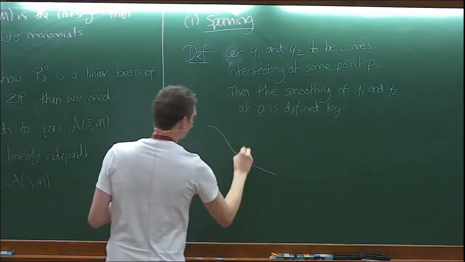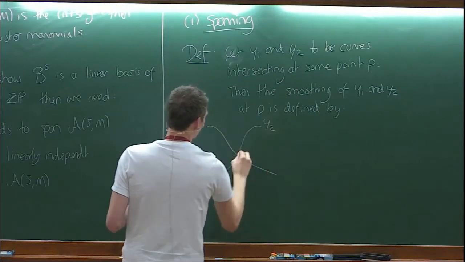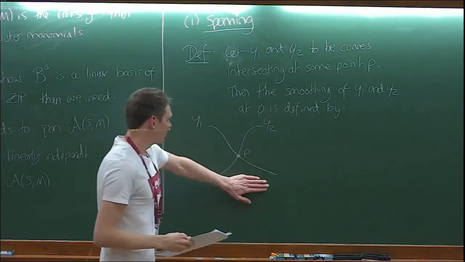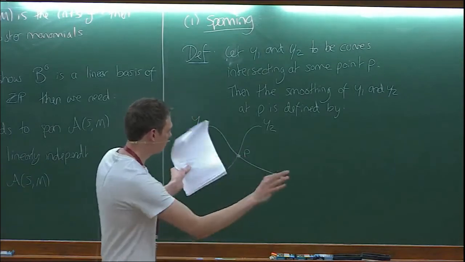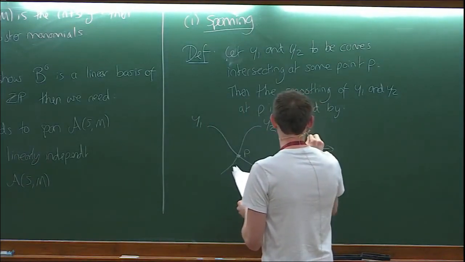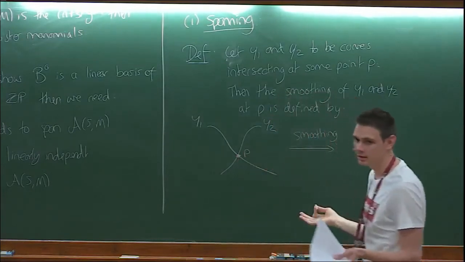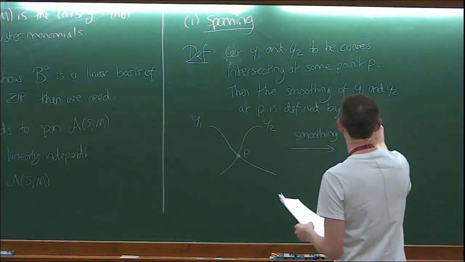So here we have gamma 1, and here we have gamma 2. Here's a point of intersection. And so we split this collection of curves into two different ones, by resolving the intersection in the two possible ways we could resolve it.